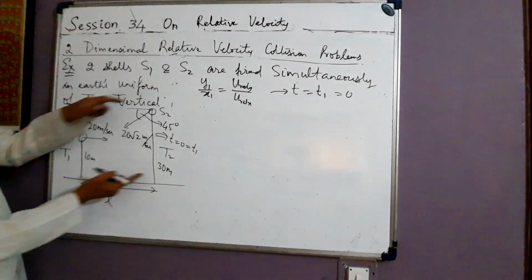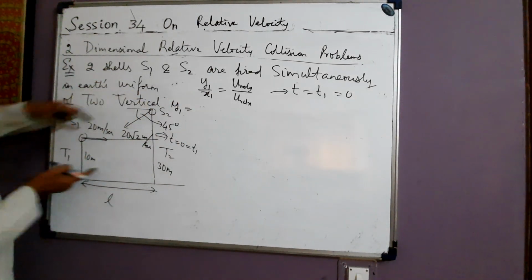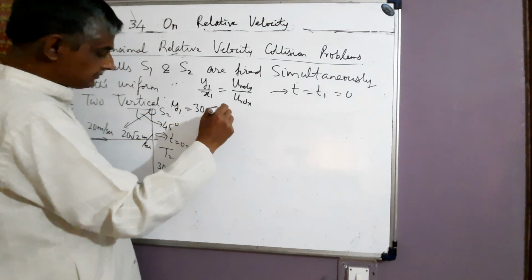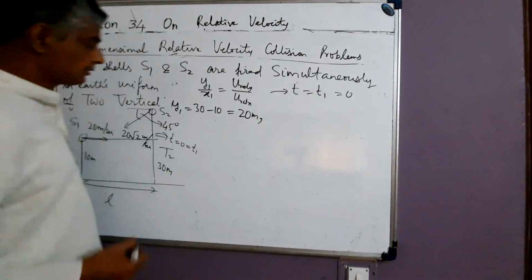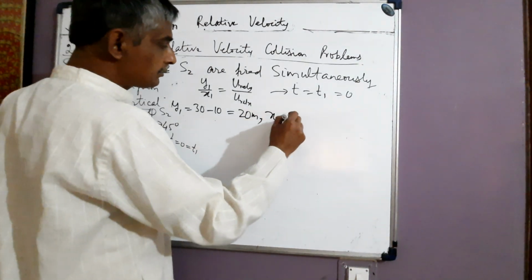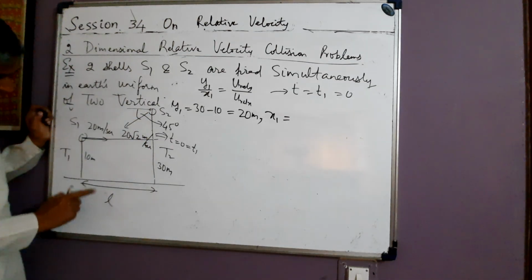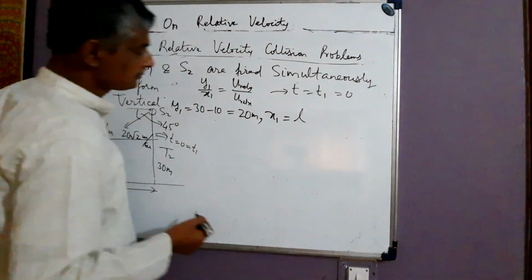This is just 10, this is 30. So y1 will be 30 minus 10, that is equal to how much? 20 meter. How much will x1 be? x1 is the horizontal separation between the two shells at t equal to t1, which is simply L. This is L, which we have to find out.